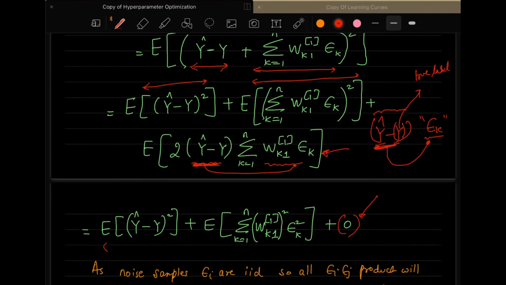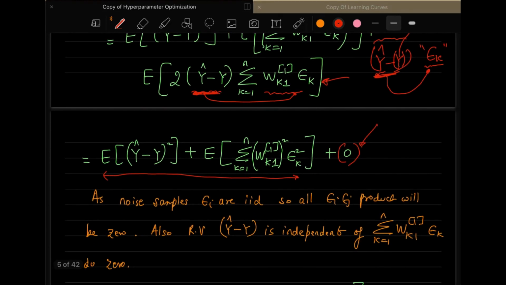Now we are left with these two terms. The important thing is that the samples of epsilon naught i that I am taking from a normal distribution of 0 mean and variance sigma square are independent and identically distributed. So they are IID samples.